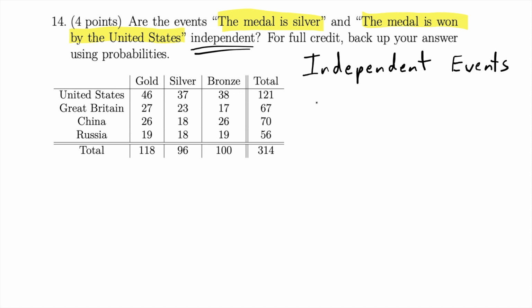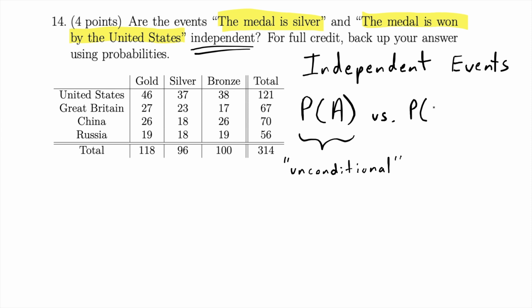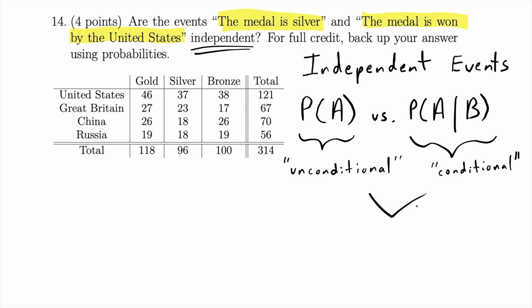Independent events don't affect each other, which means that if you took the probability of one of the events, that's an unconditional probability, and you compared that to the probability of that same event, but now if you know the other event happened, which is what we call the conditional probability. With independent events, these are the same, because what that means is that B didn't affect A, and if they weren't the same, then B did affect the probability of A, and the events are not independent.